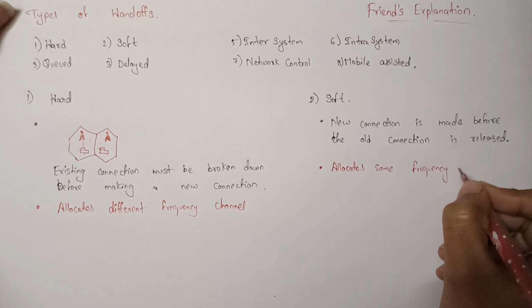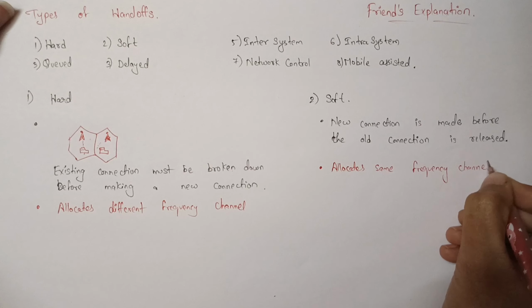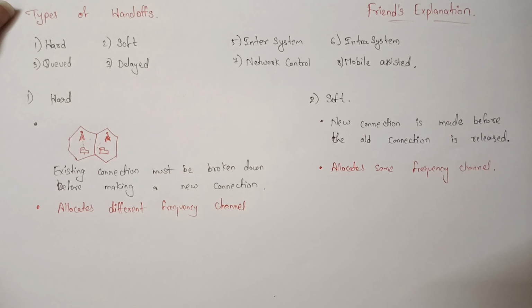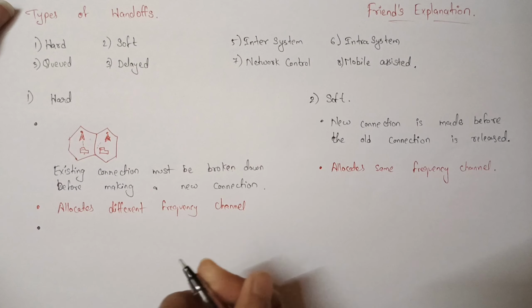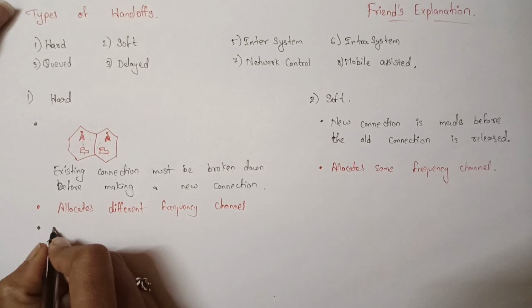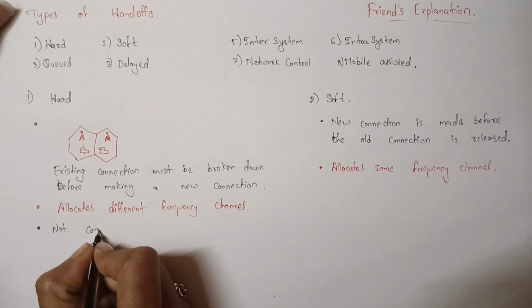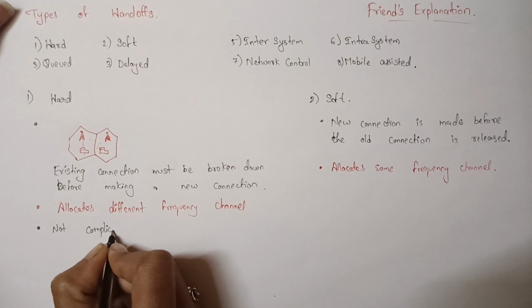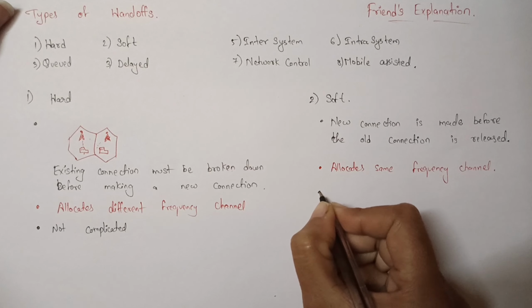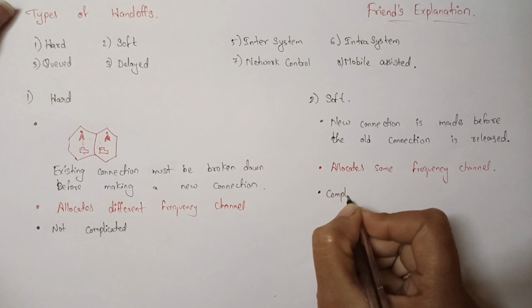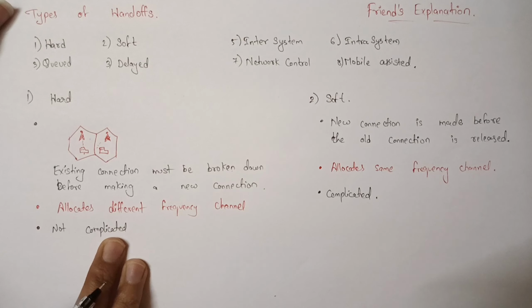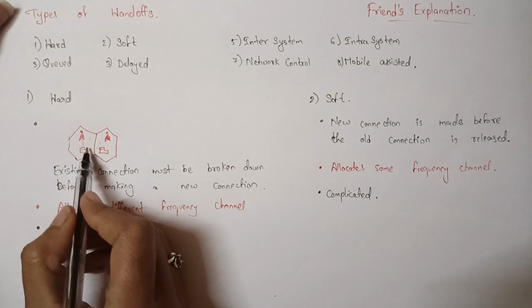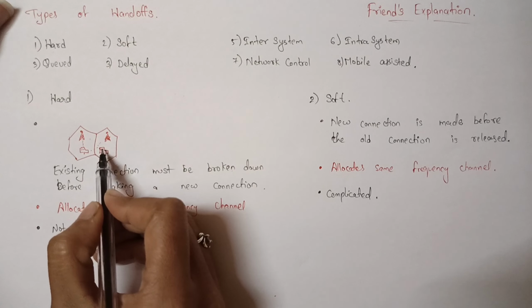If you don't understand what is frequency, what is channel, then please watch previous videos, then you will understand what these things are. The next difference is that this is not much complicated, and this is a complicated task. Why is this complicated and this is not complicated? Because see, in hard handoff, first you break the connection and then you have to make the connection, right?